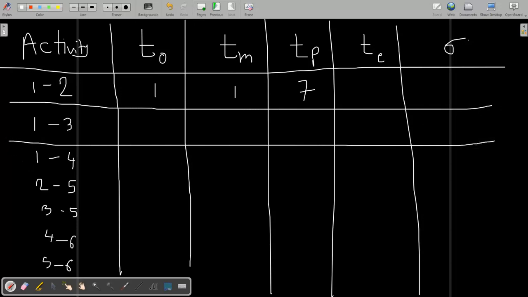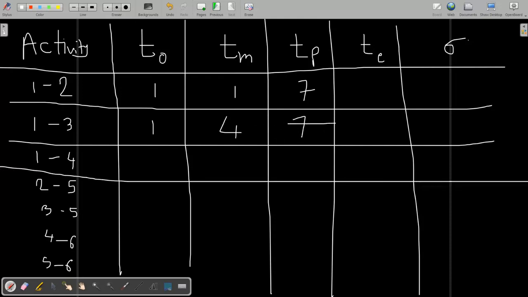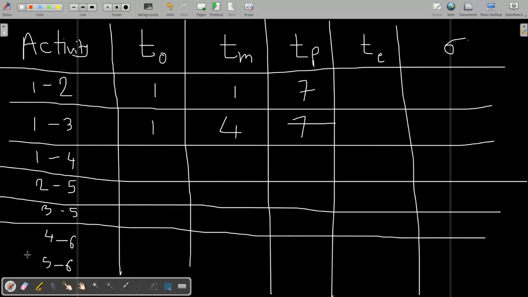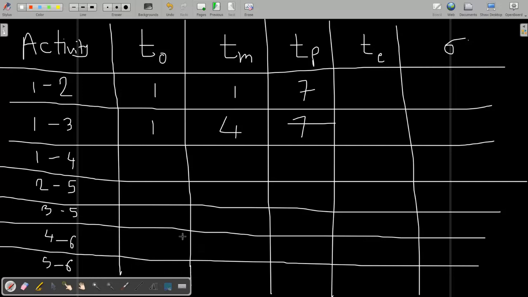For 1 to 3, optimistic time is 1, mean time is 4, and pessimistic time is 7. I'm writing the table that the question gives, just writing down all these values very quickly.